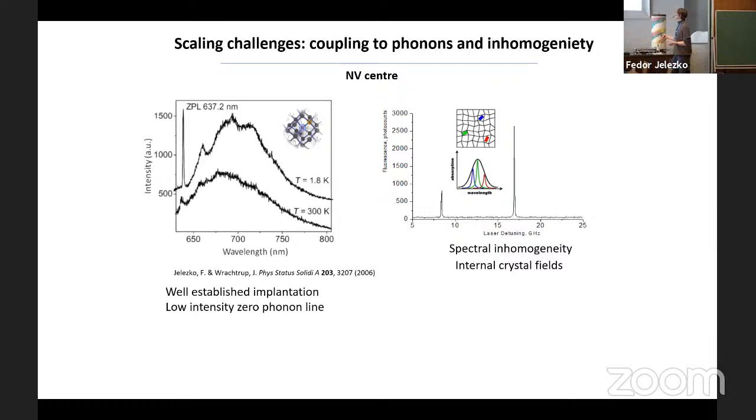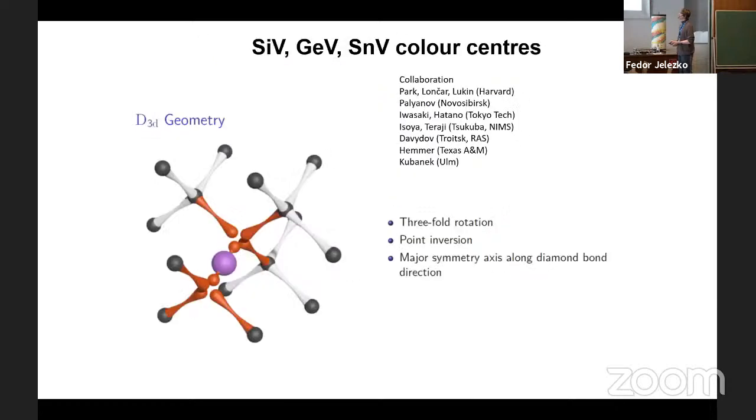So if you have diamond with a bit of strain, it's electric fields, and transition frequencies of different color centers can be detuned, and that's another challenge. And we started to look on more symmetric systems for this approach of connecting spins via photons. And one of the candidates is silicon vacancy, but there are also similar germanium vacancy and tin vacancy color centers.